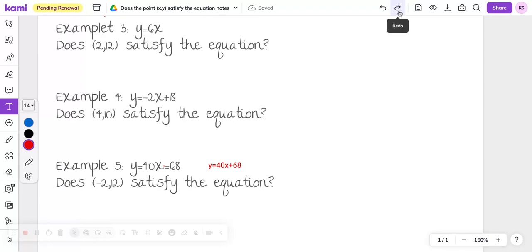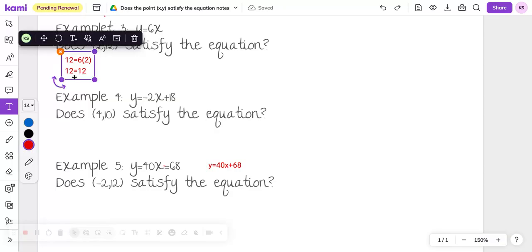Okay, but let's go back to number 3. So we have 2 comma 12. So x is 2 and y is 12. So we're going to plug that in. So instead of y, we put 12 equals 6 times x, which is 2. So 12 equals 6 times 2 is 12.